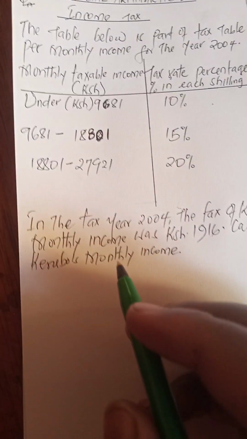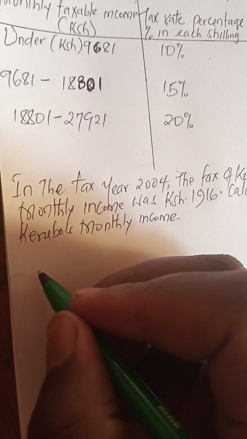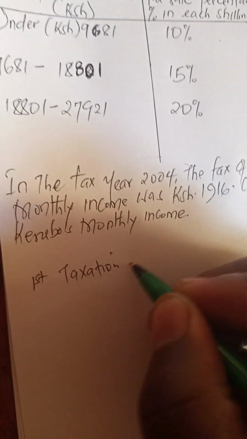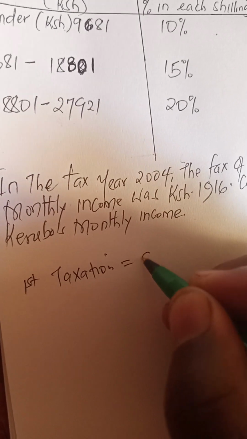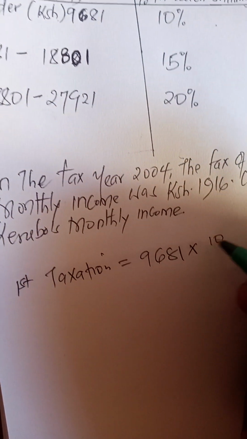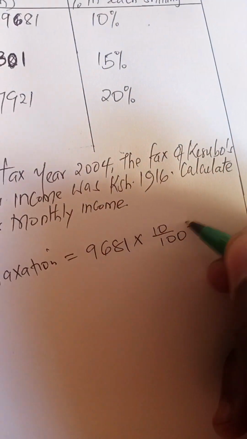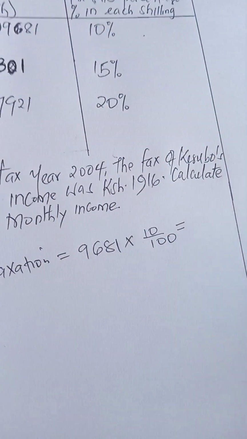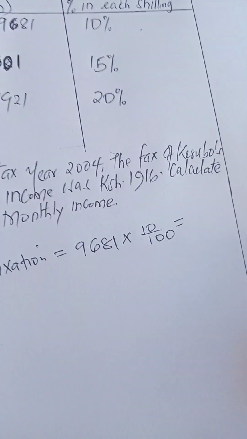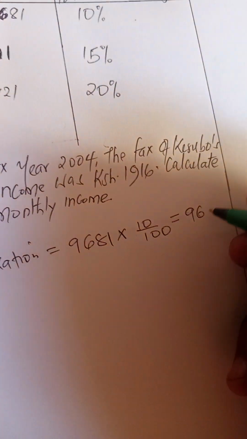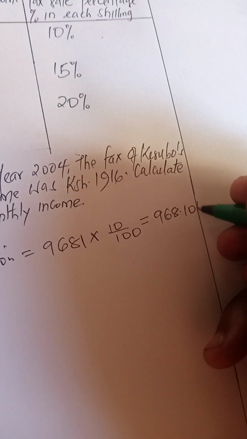The first taxation will be: we take 9,681 and multiply by 10%, which is 10 over 100, or 0.1. That gives us 968 shillings and 10 cents.